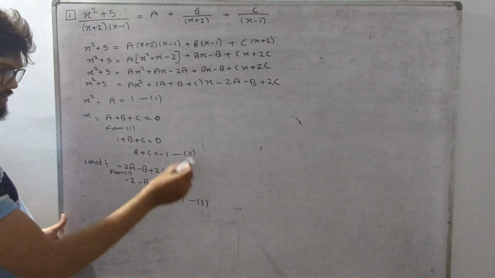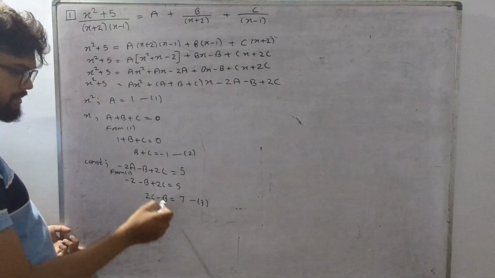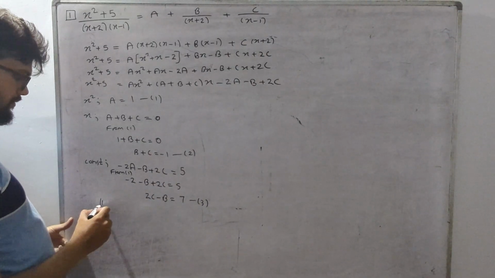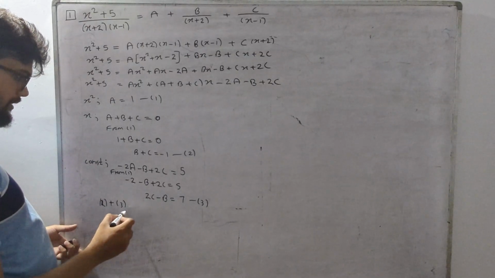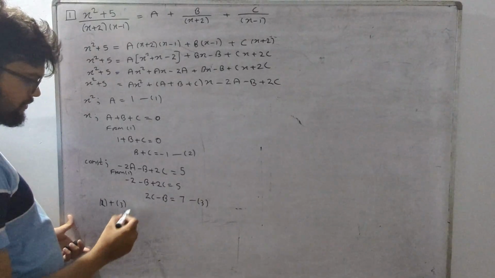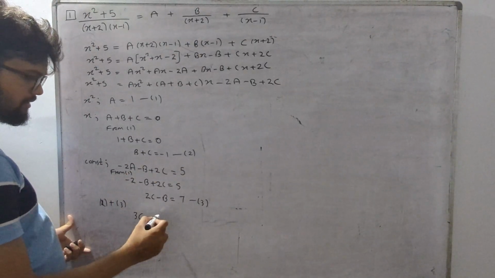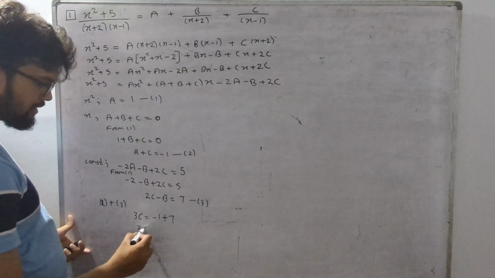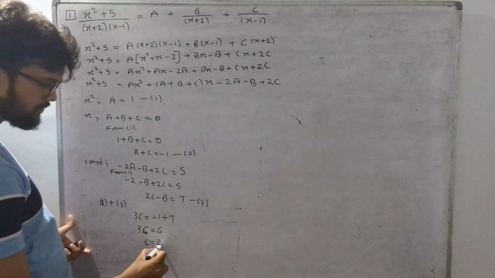So we can add the second and third equations, then plus B and minus B will be cancelled, so C plus 2C equals 3C. 3C equals minus 1 plus 7. 3C equals 6, then C equals 2.